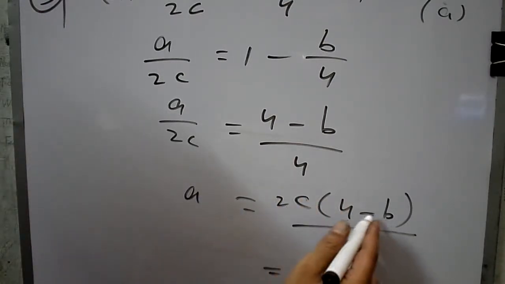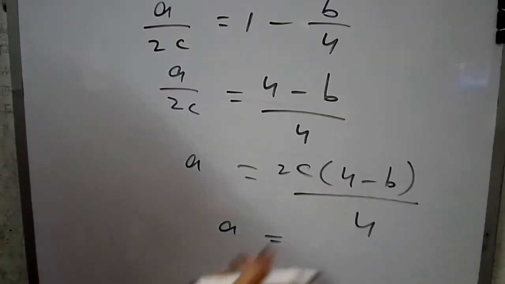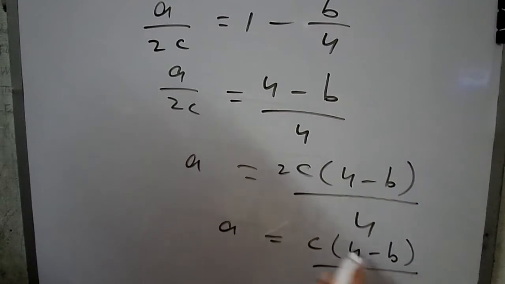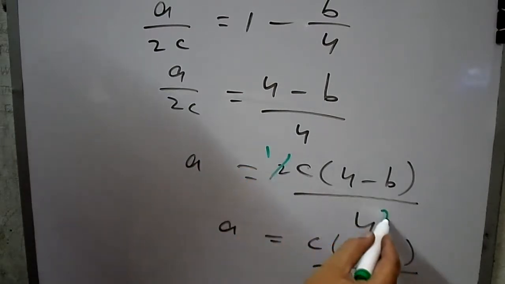So multiply it, or you want to cancel with this because it is in common form, you can cancel. So 2 2s are 4, so you will get 4c minus b divided by 2, because 2 2s are 4, 2 will be cancelled with this one. So 2 1s are 2, 2 2s are 4.